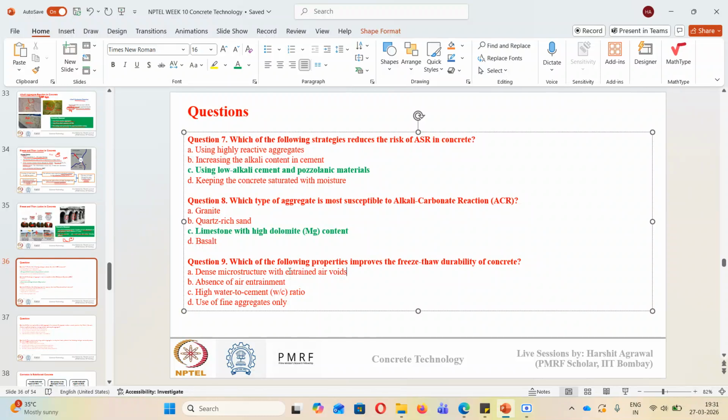Yes, the correct answer is A. Dense microstructure with entrained air voids.